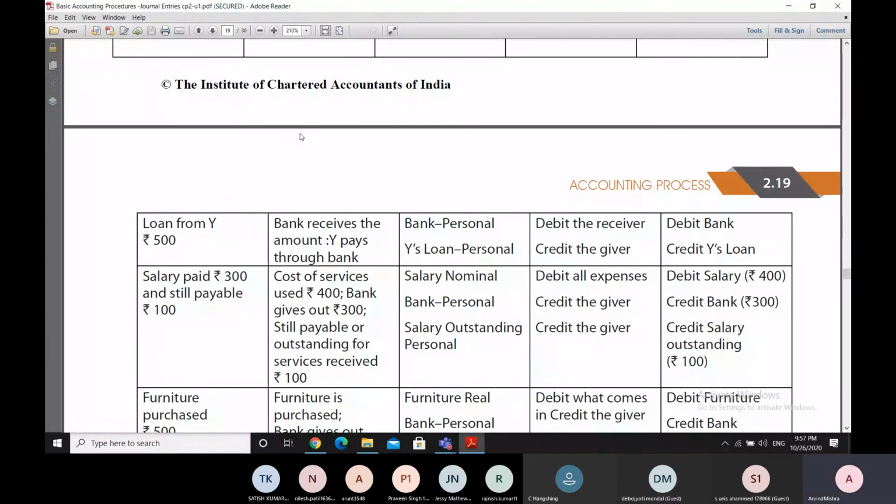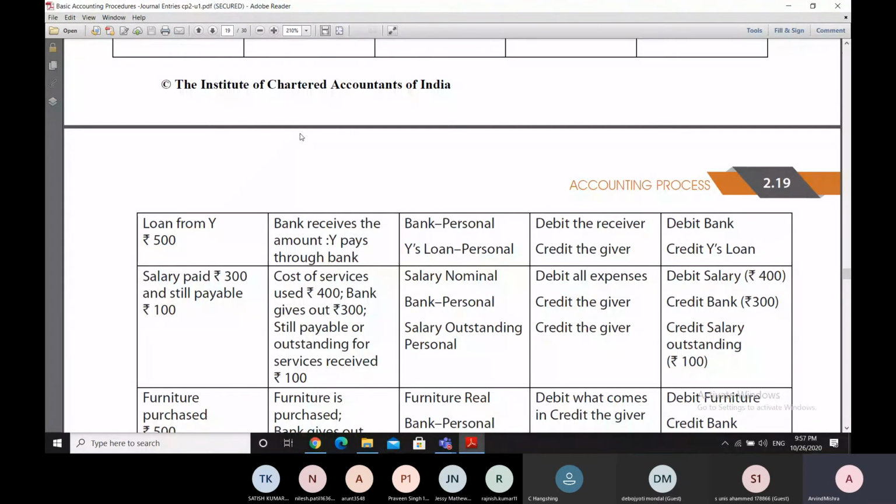We take one more example, salary which is paid 300 rupees and still payable 100 rupees. So total salaries is 400 rupees, but 300 rupees is paid and 100 rupees is still payable. So the salary is actually 400 rupees.